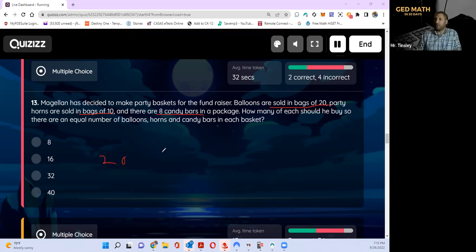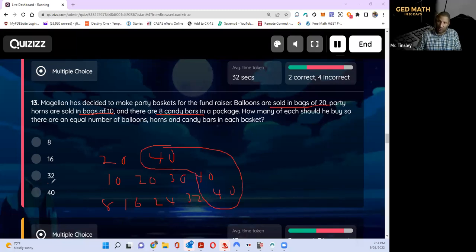So 20, 40. 10, 20, 30, 40. 8, 16, 24, 32, 40. That's the only place where they all have the same amount, 40. That's a word problem for least common multiple. Be ready for it. They love problems like this too.